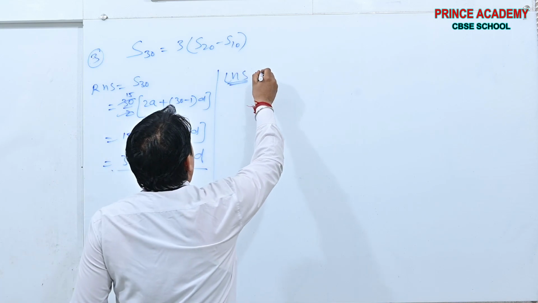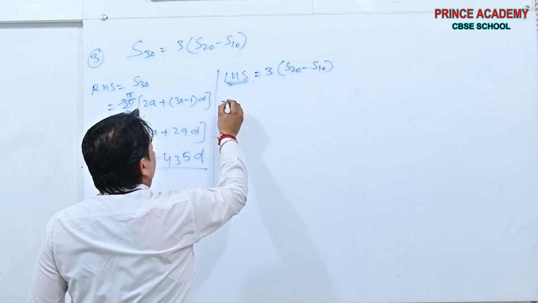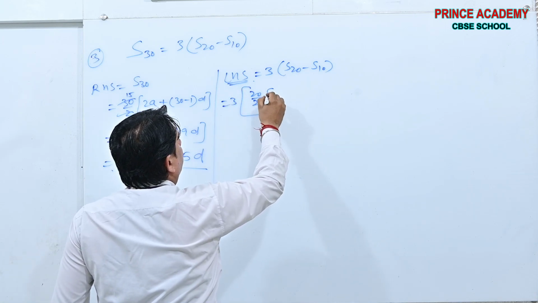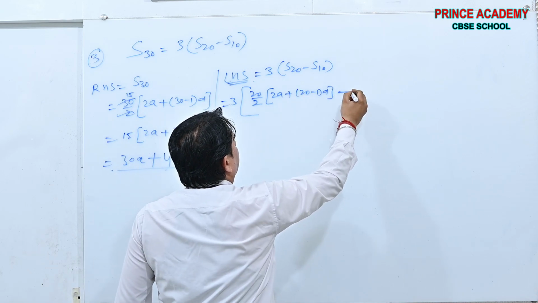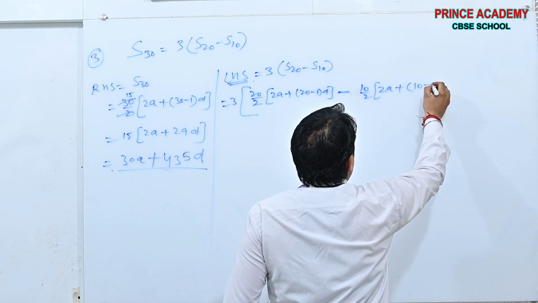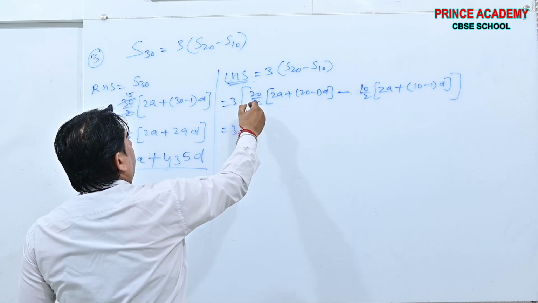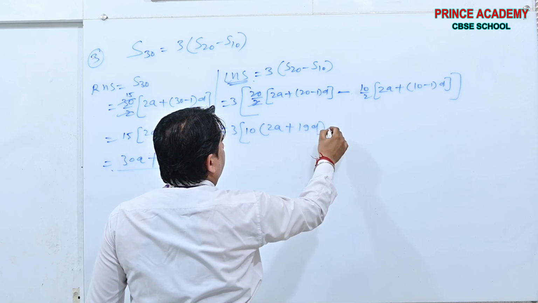See beta, left hand side: 3 times S20 minus S10. S20 is n by 2, 2a plus n minus 1 into d, minus n by 2, 2a plus n minus 1 into d. Okay. Cancel this: 10, 2a plus 19d.